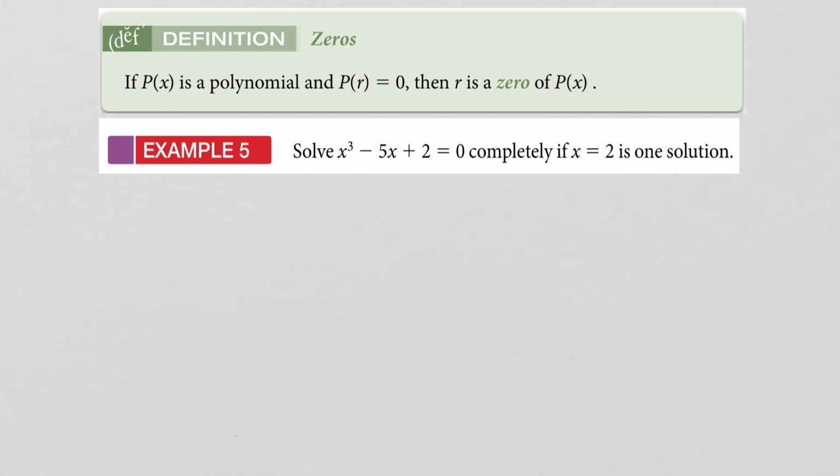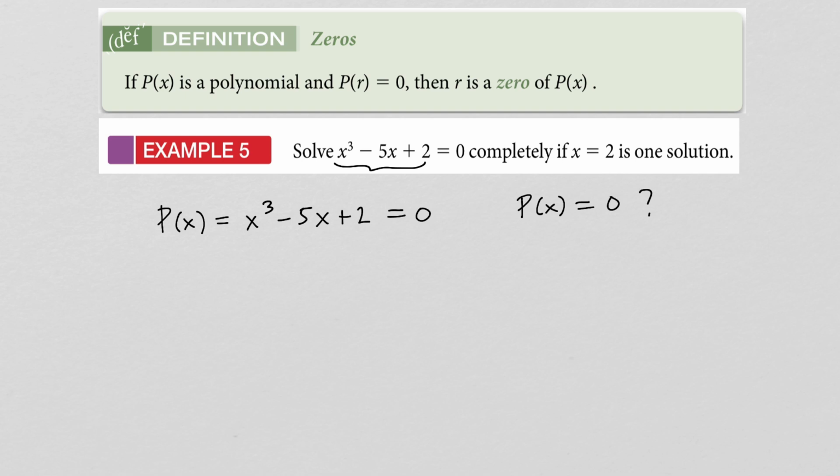We want to solve the equation x cubed minus 5x plus 2 is equal to 0. So think about if I have some polynomial p of x equal to this polynomial here. When I set that equal to 0, I'm trying to figure out when is p of x equal to 0, right? So for what values of x?